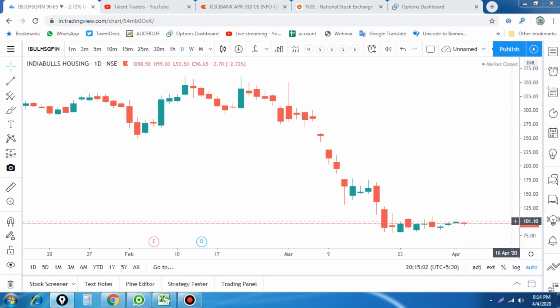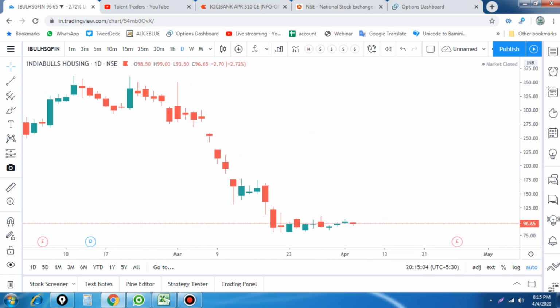Since the stock was trading in a narrow range, there will be a lot of chances that it will break out. The stock is not moving to either big side but is staying in a narrow range. So NR4, NR7, that kind of strategy may be used in this stock.